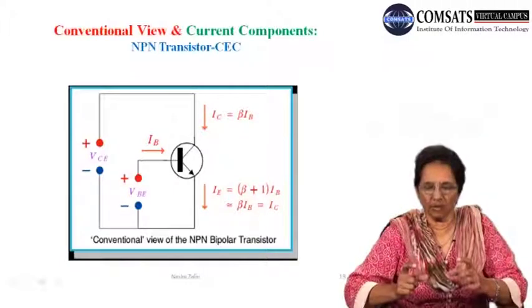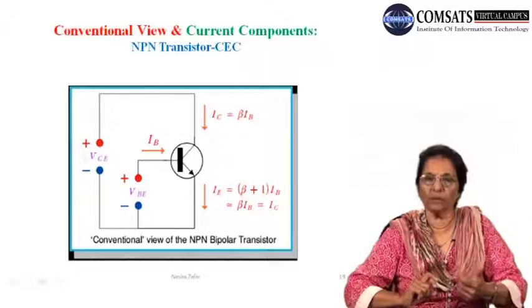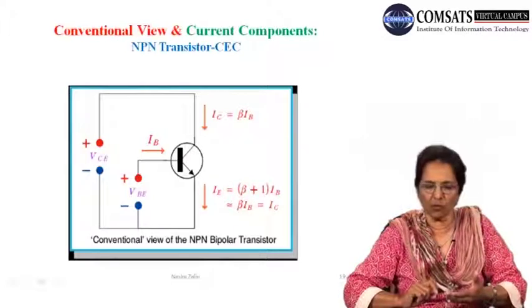So these two polarities of VBE, the bias between base and emitter, indicates that the base and emitter junction is forward bias.